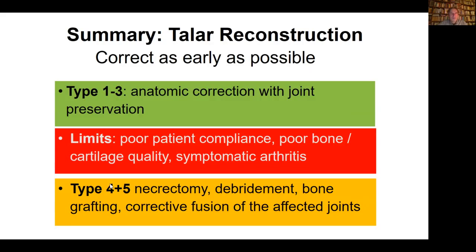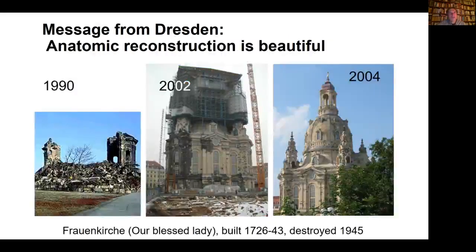And in patients with a complete necrosis, in very few select cases, you might save the day or maybe save the patient some years with a free vascular graft. Otherwise, corrective fusion or a total talar prosthesis, and to save the affected joints is the treatment of choice.